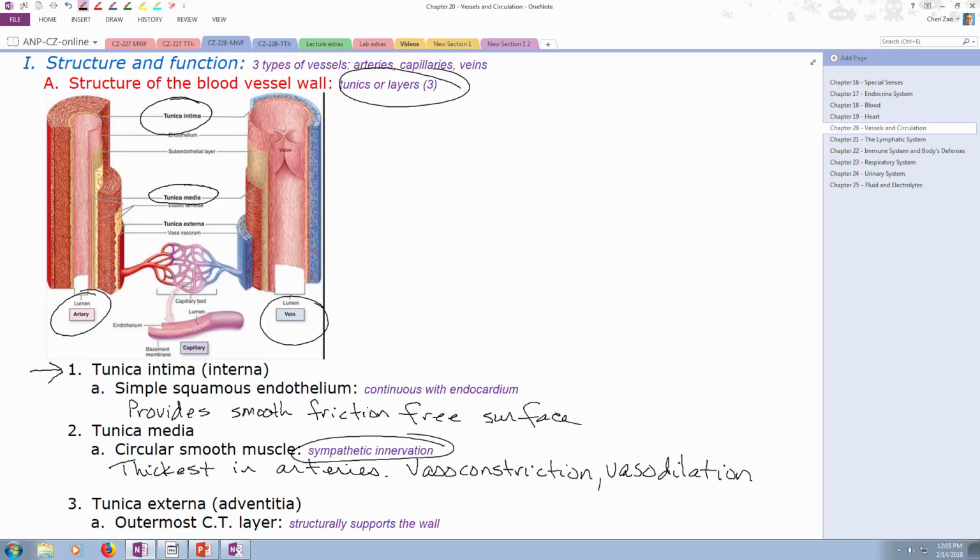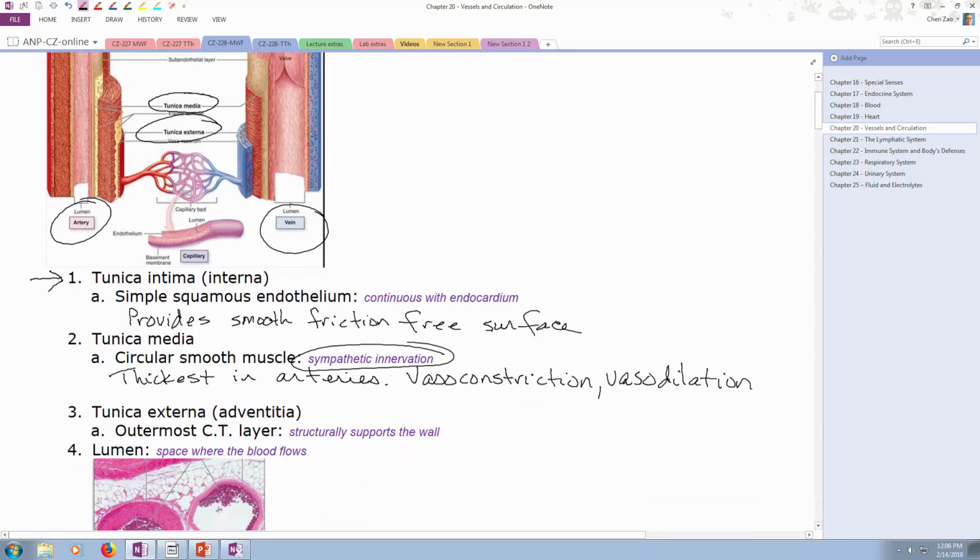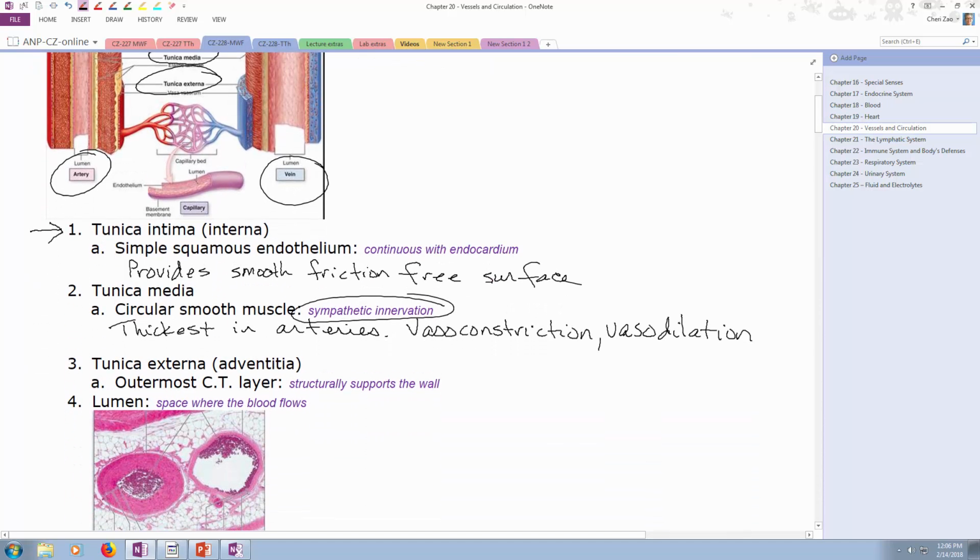The tunica externa, it's nice that they have these names, they're not too hard to remember, is also often referred to as adventitia because it's not serosa. Remember, serosa is simple squamous epithelium. The tunica externa is not serosa. It's more adventitia, which means we have a lot of areolar CT associated with this.